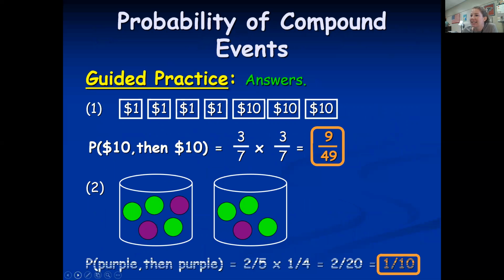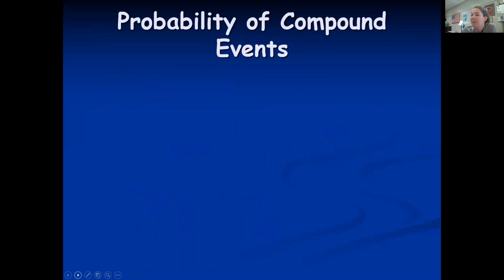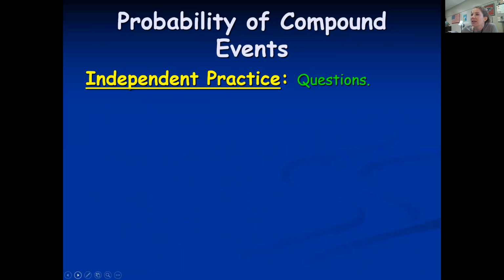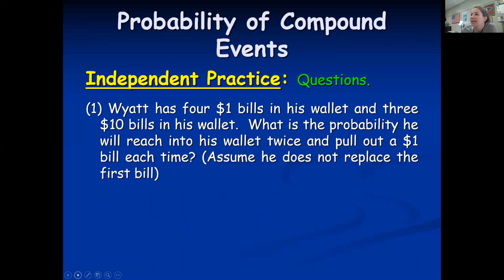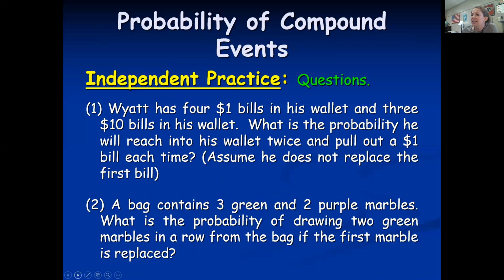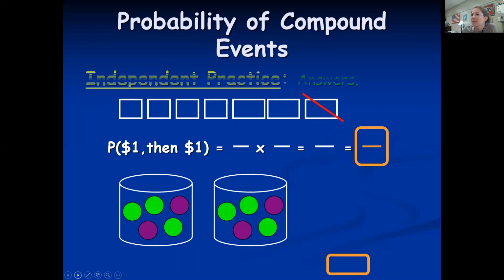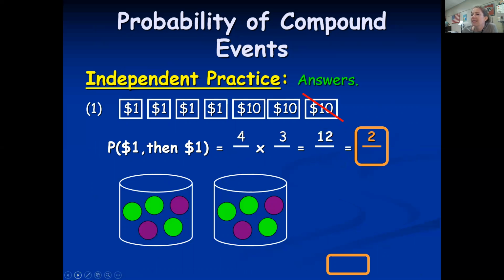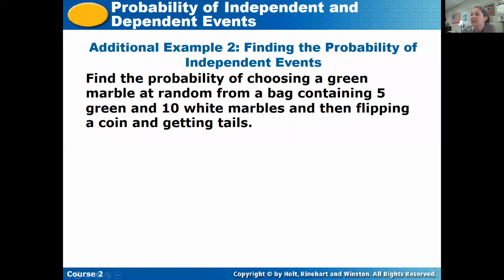All right, and then we said purple then a purple is 2/5, and then 1 out of 4, because we took out a purple marble and we have 1 less marble, so 1 out of 10. That's right. Wyatt has, is this the same question? It is the same question. Oh, it's explaining even further to us.